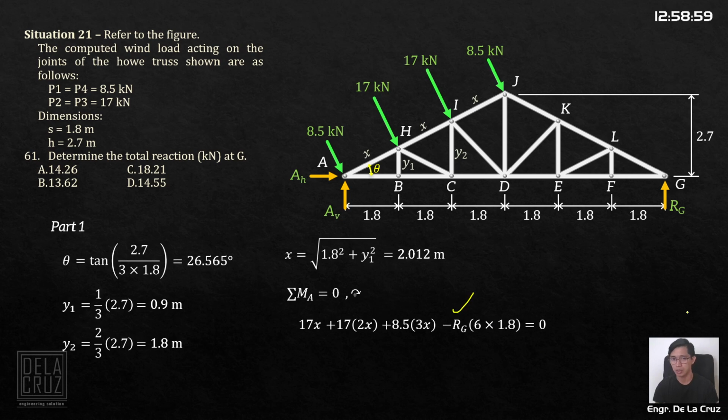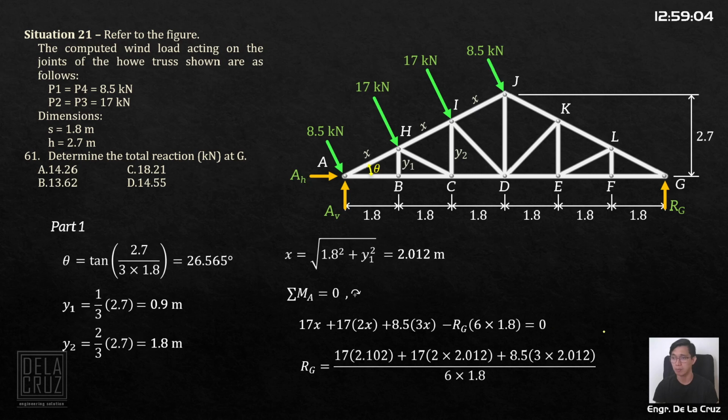Kuha natin si R sub G. Lalagyan natin ng values yung X. Okay, sinimplify lang natin. Yung R sub G will be 14.252. That's 14.26. Siguro sa rounding up yan.